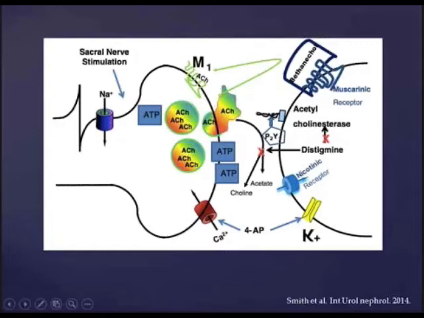So that's one target. The problem is it's not very selective, and it can hit everywhere in the body at the same time. Another one is distigmine. Distigmine is a cholinesterase inhibitor, so it stops the breakdown of endogenous acetylcholine. Those are the 2 main treatments we have, and there are a couple other drugs in those groups, but those are the main ones that have research on them.